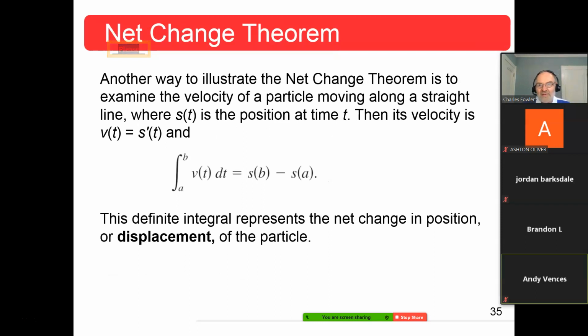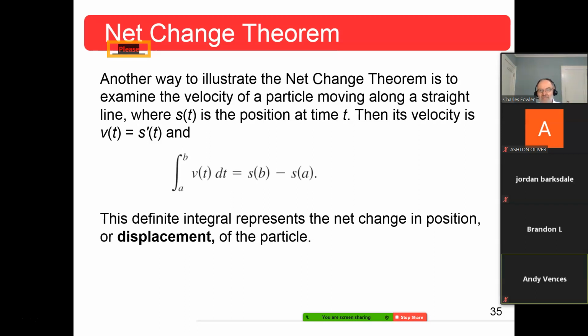Another way to illustrate the net change theorem is to examine the velocity of a particle. This is on the bottom of page 326. Examine the velocity of a particle moving along a straight line where s of t is the position at any time t. Its velocity is then s prime of t, or ds/dt.